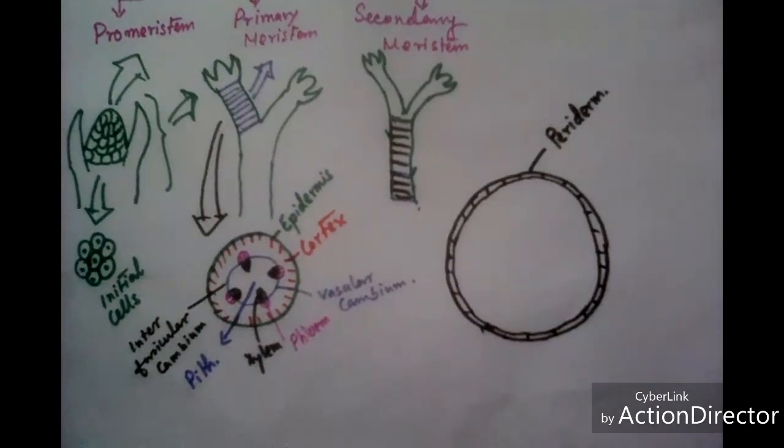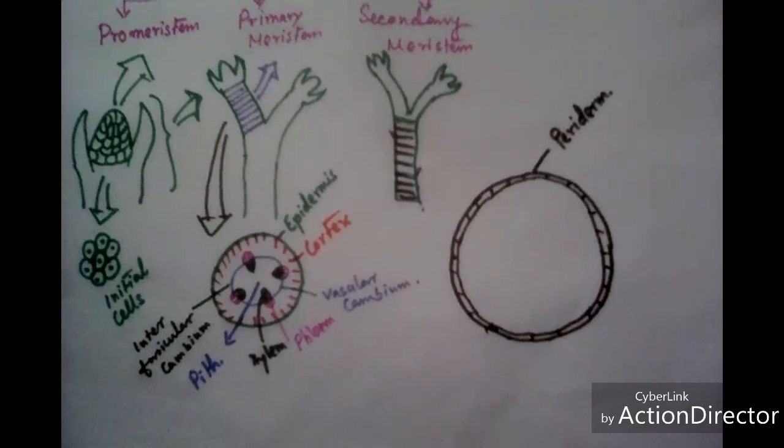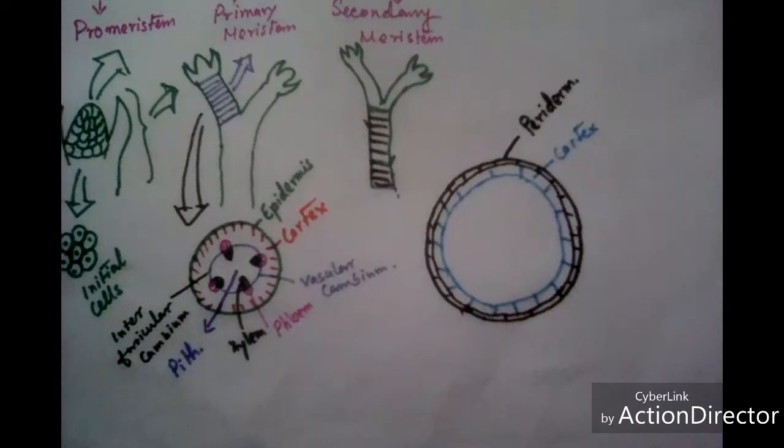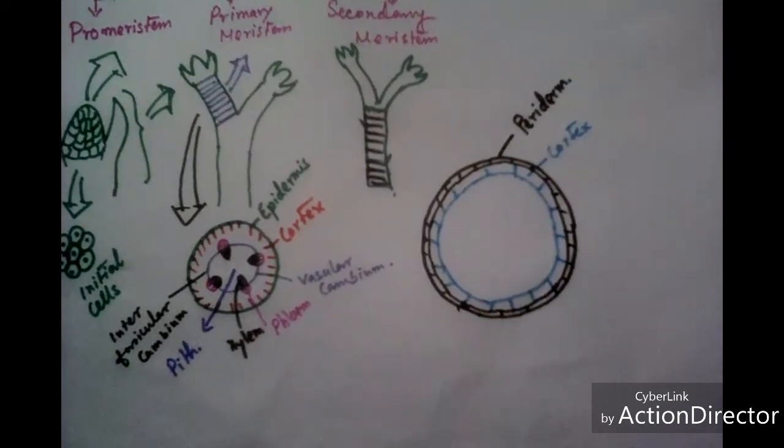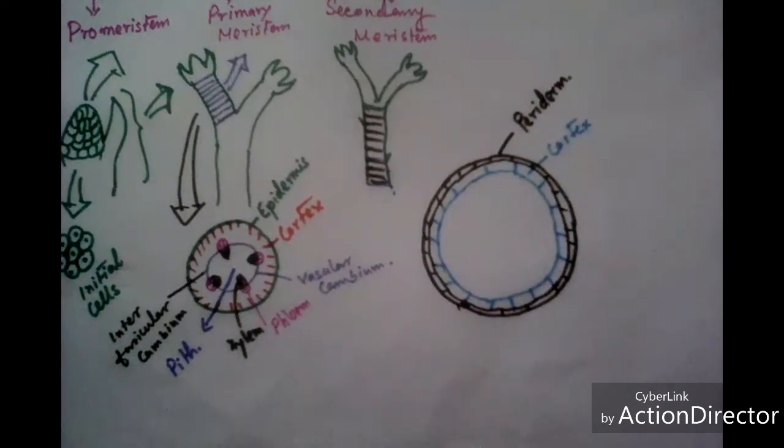Next to the cortex, the vascular bundle is present. In some cases, pericycle and endodermis are also present, but in this case I just discussed the basic structure of secondary meristem.